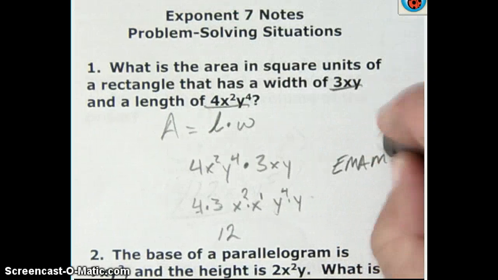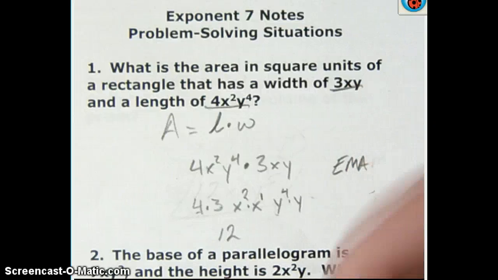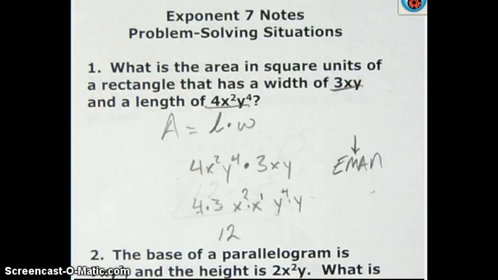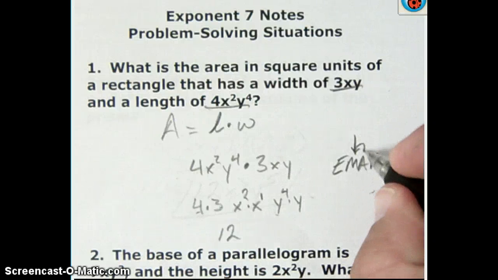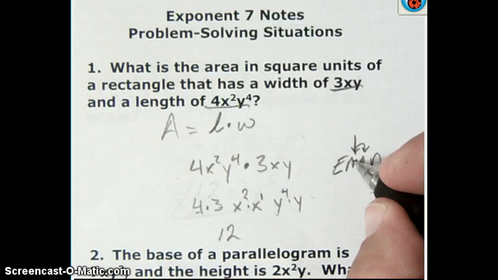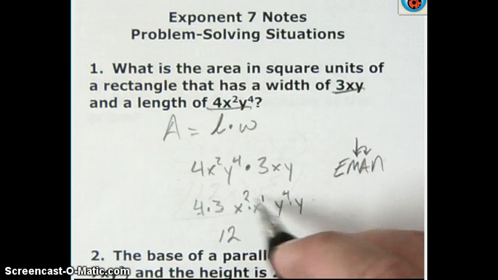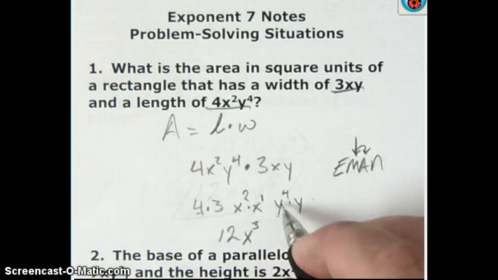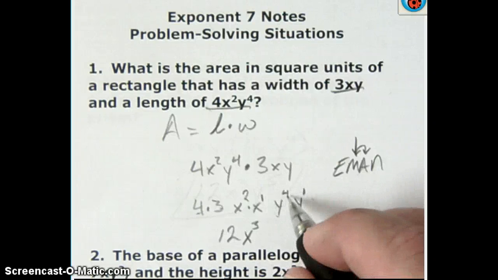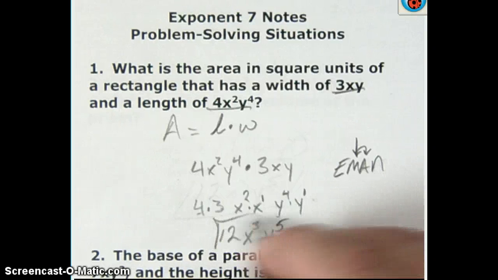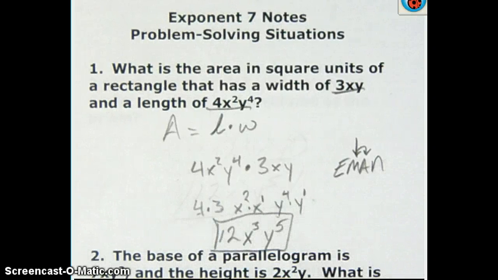If I'm at the multiply law, then the next letter is the operation that we do, so I add my exponents. So 2 plus 1 is x to the 3rd power. Same thing for y to the 4th and y to the 1. Y to the 4 plus 1, that's y to the 5th. And that's your area.